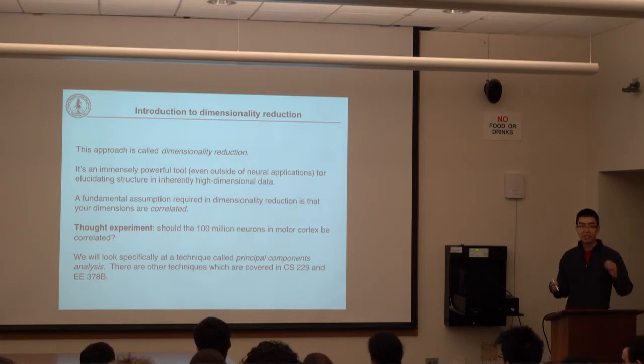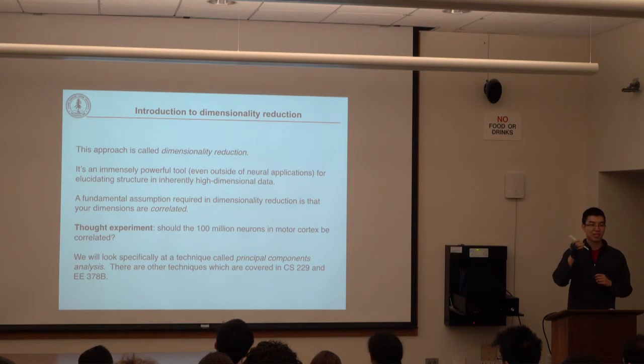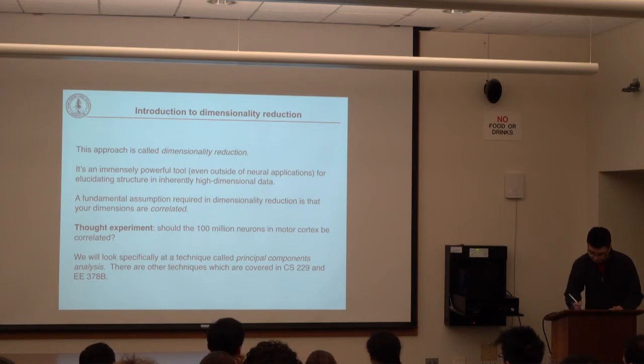Because if your dimensions aren't correlated, then there's no way I can project the data down in a way that captures all the activity from these different dimensions without having each of those dimensions be its own separate dimension. Does that make sense? So if the data is correlated, sorry, let me just plot a picture.